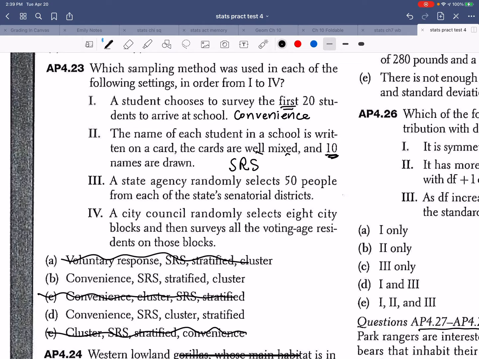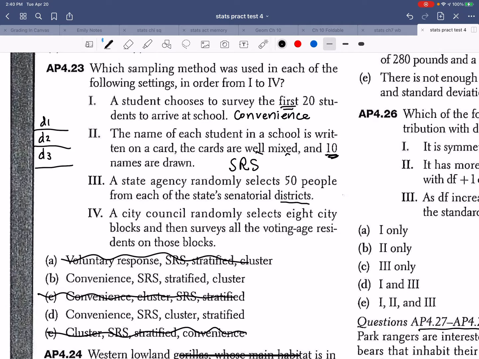Okay, a state agency randomly selects 50 people from each of the state's senatorial districts. So they're figuring at the district level, from each district. So let's say you have a District 1, a District 2. This is like in track or any kind of sport.